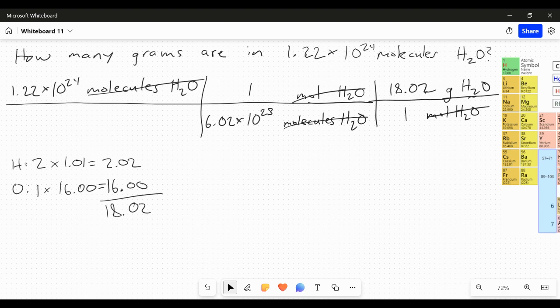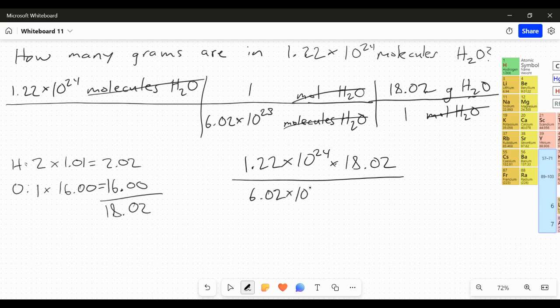So let's multiply this out now. 1.22 times 10 to the 24th times 18.02 over 6.02 times 10 to the 23rd. Remember, when I have the same base on the top and bottom, I can just subtract their exponents.